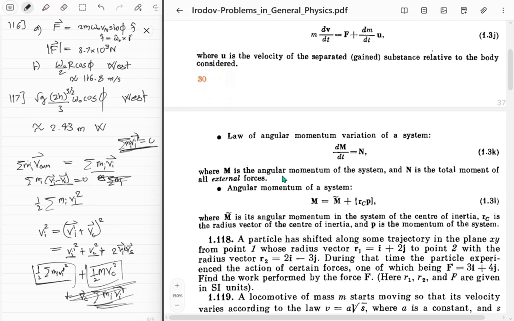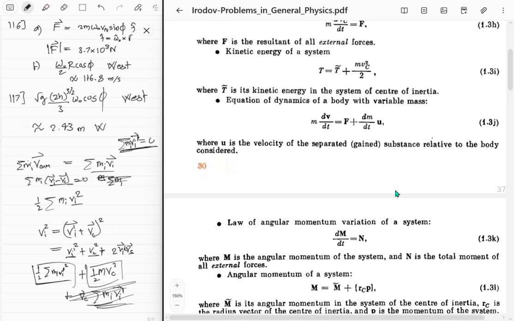And M is the angular momentum, not L. Everyone in the world uses L, and you're using M and N for some reason. And moreover, they didn't even define what angular momentum is. I have no idea why they gave us all of this when it was not full of definitions, just full of these weird things.